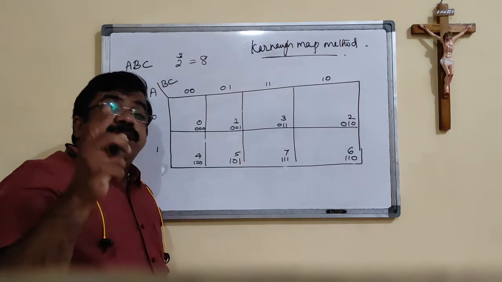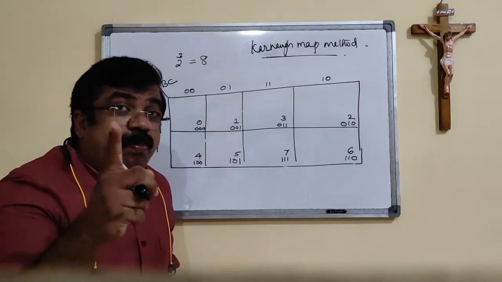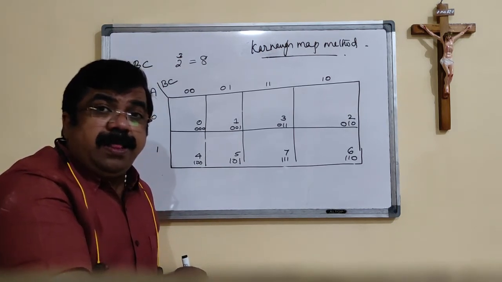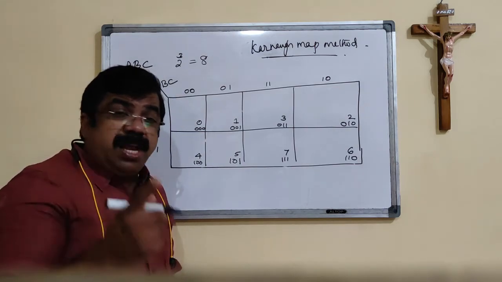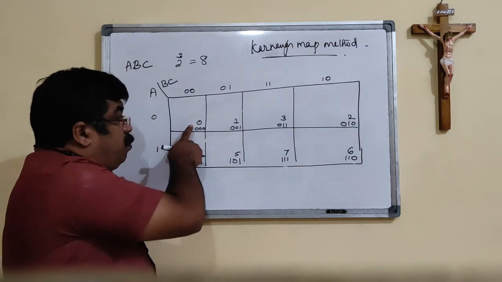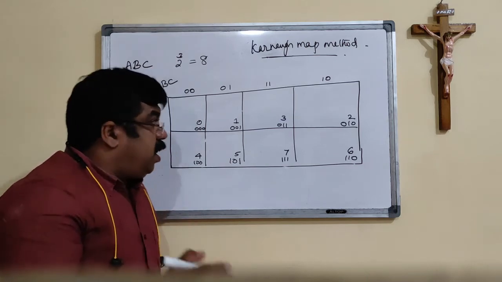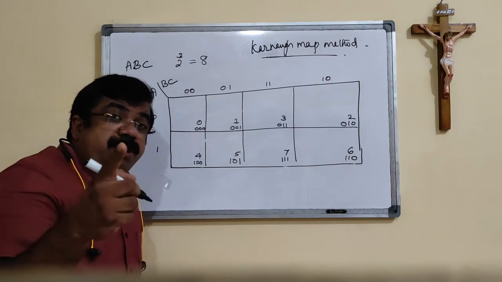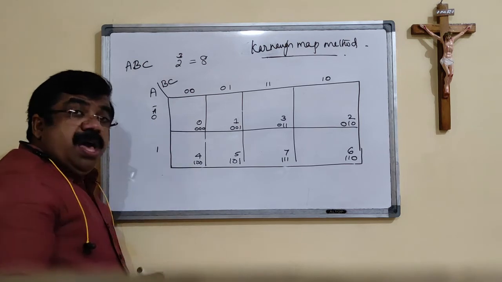Now, this Karnaugh map is representing minterms, or SOP. As I said a few minutes before, this Karnaugh map is going to represent an SOP expression. Then all these squares are representing minterms: minterms 0, 1, 3, 2, 4, 5, 7, 6. Since they are minterms, variables with a 0 are complemented, and we will write them as A bar.